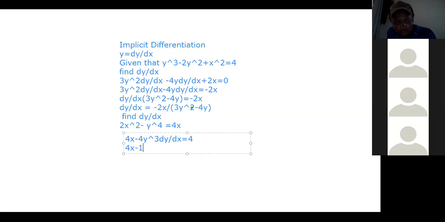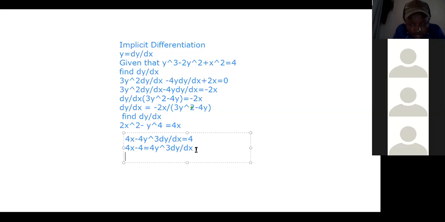4 minus 4 is equal to 4y cubed dy/dx. I hope I'm right.